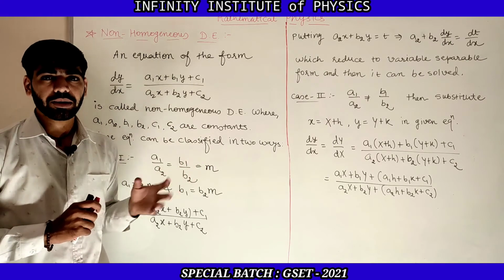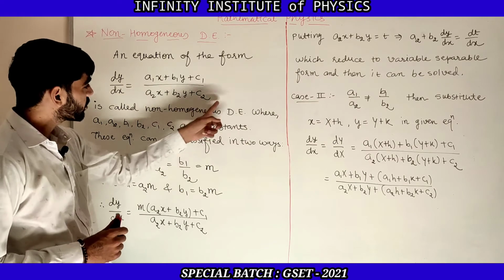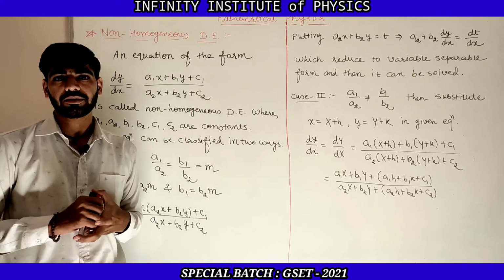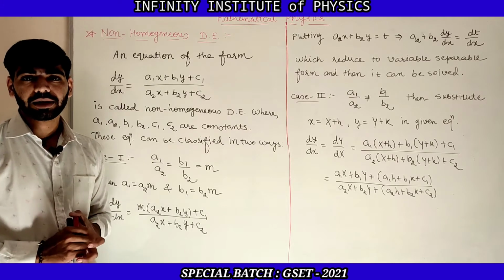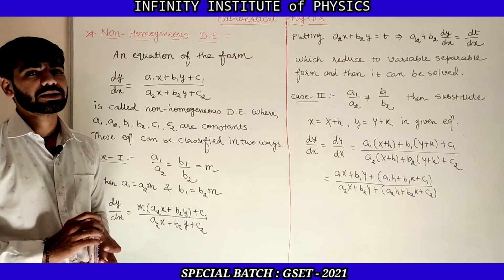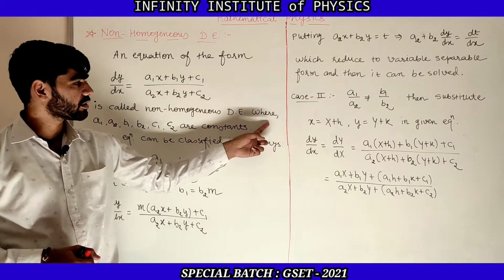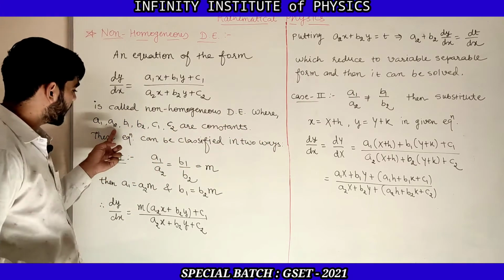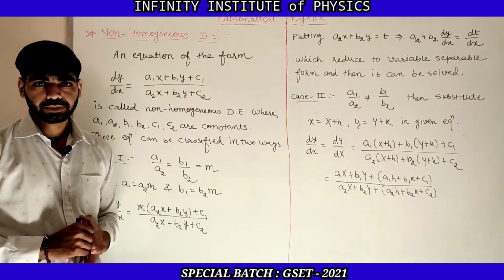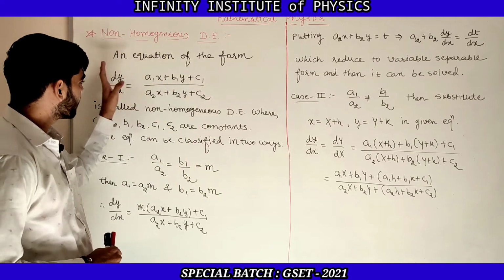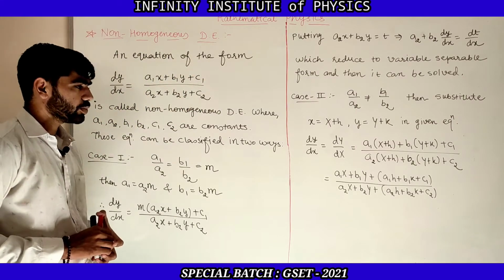Otherwise there are so many cases for non-homogeneous as well, but here we are only going to study this type, where a1, a2, b1, b2, c1, c2 are constants.